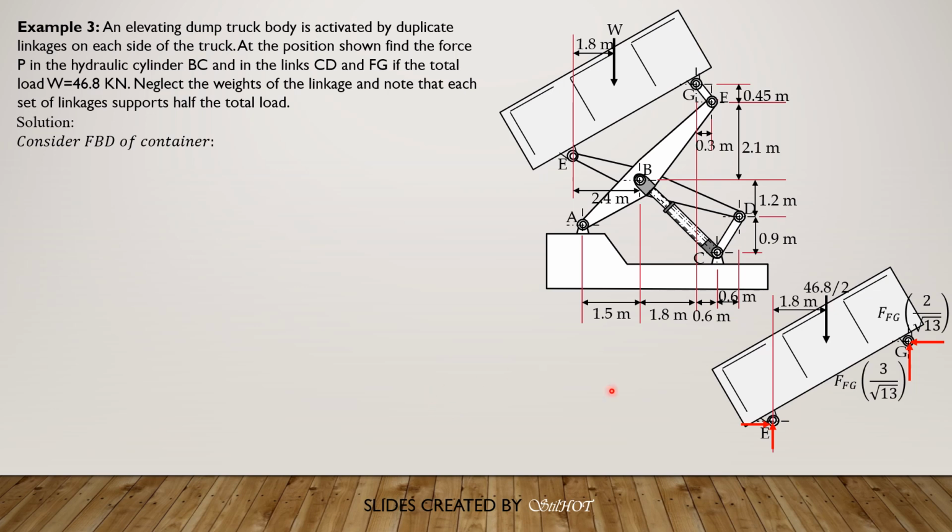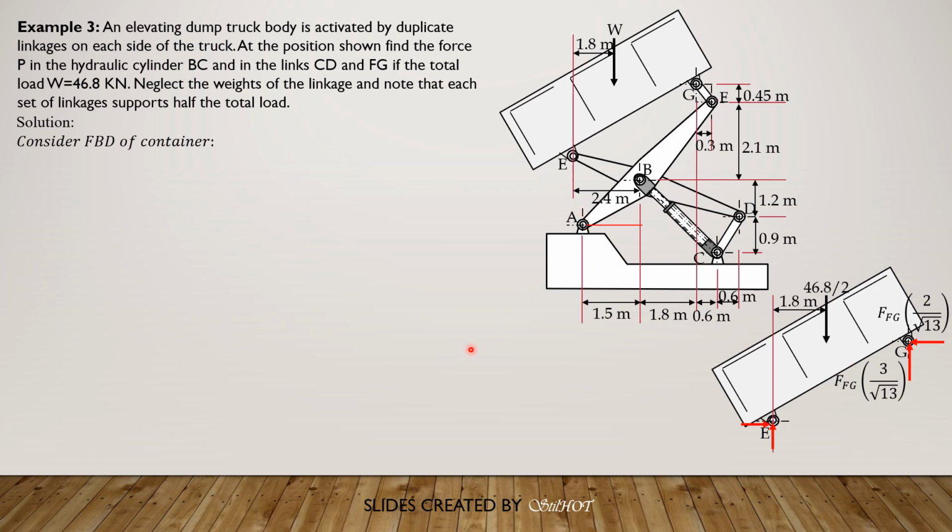Then for the distances, the horizontal distance, if you look at the figure, is 1.8 plus 1.9, which is 3.3. Then the horizontal distance, because 2.4 minus 1.5 is 0.9, so 3.3 plus 0.9 is 4.2.